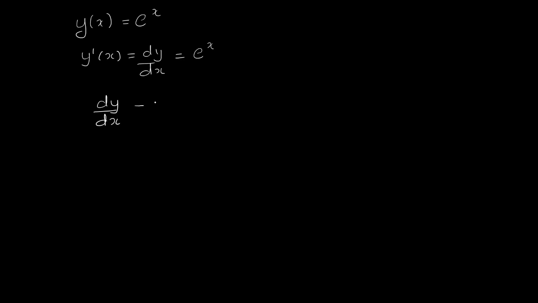Now if my y of x is equal to e raised to x, what will be my y dash of x? That is dy by dx. The derivative of e raised to x is also e raised to x. So that means if I write dy by dx minus y of x, what will it be? e raised to x minus e raised to x, and that will come to 0.